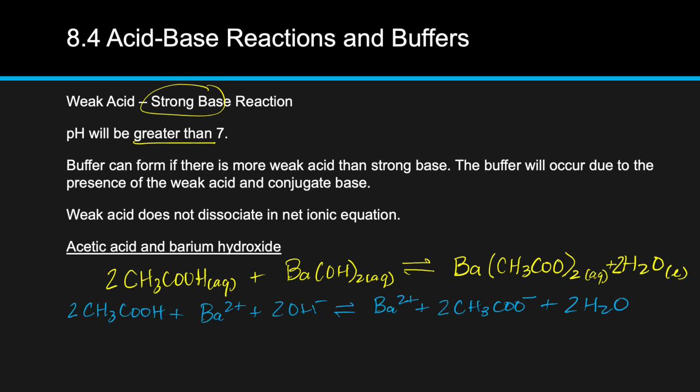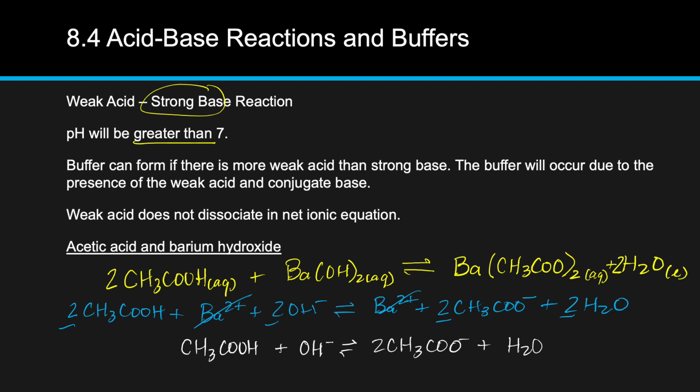So when we do that, we have Ba2+ as our spectator ion, so that gets canceled out. Then everything has a coefficient of 2, so I'm going to reduce that to a coefficient of 1 for our net equation. And this here would be our buffer solution.